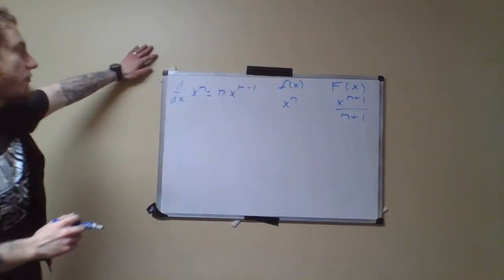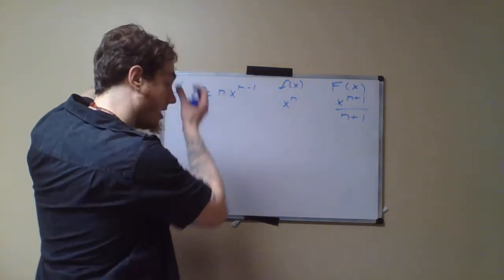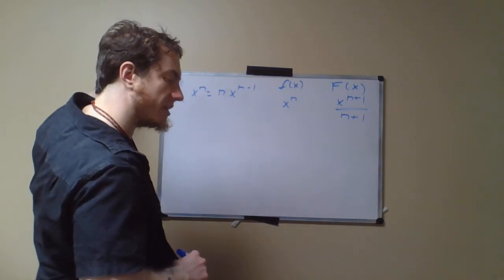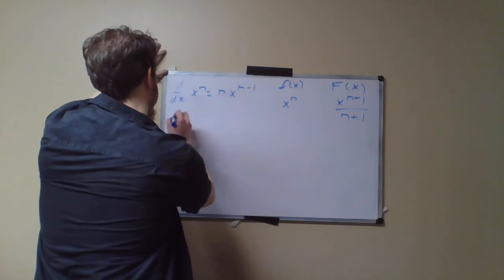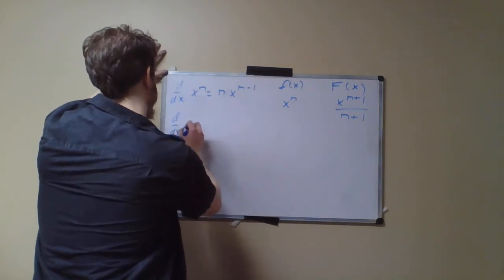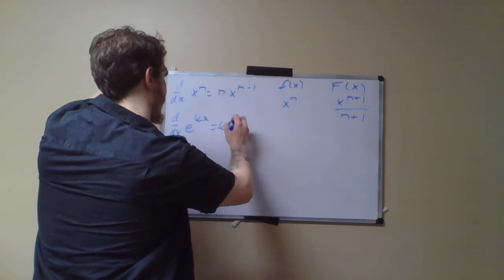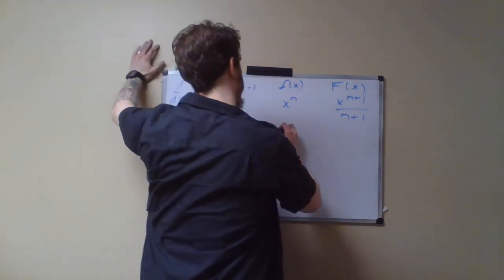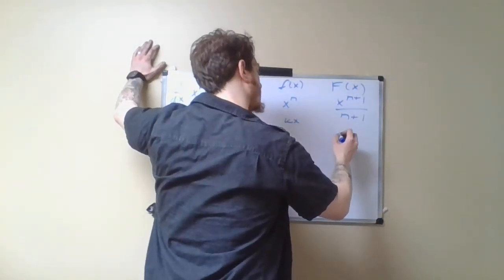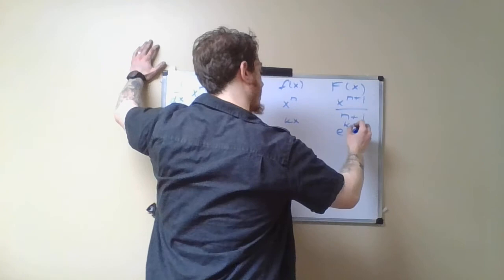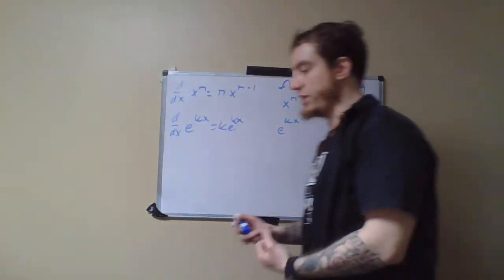Another thing we can say is, well, we know the derivative of e to the kx is k e to the kx, and therefore if we start with the function e to the kx, the antiderivative is going to be e to the kx divided by k.